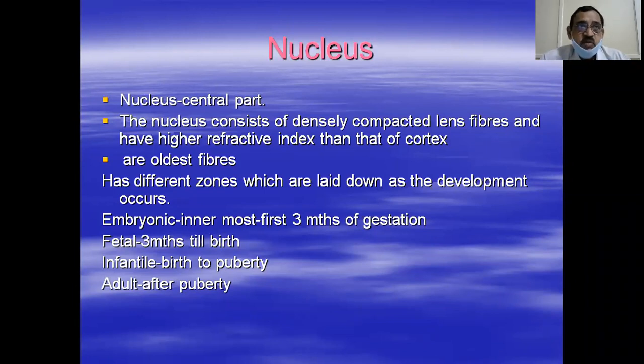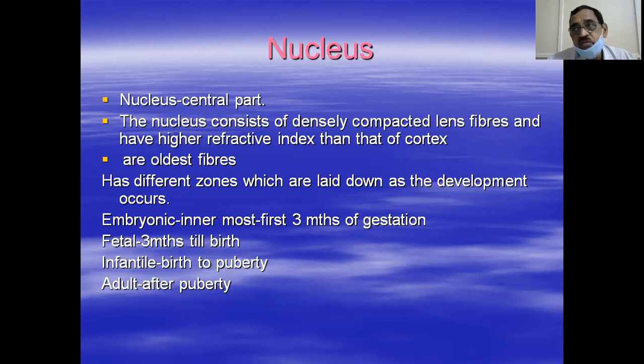The first fibers which are pushed to the center form the embryonic nucleus. This is formed in the first 3 months of gestation. The fetal nucleus consists of the fibers formed from the 3rd month of gestation to birth. The infantile nucleus consists of the fibers formed from birth to puberty.